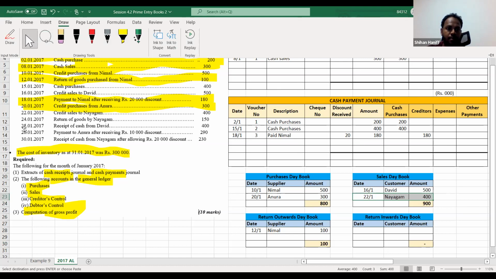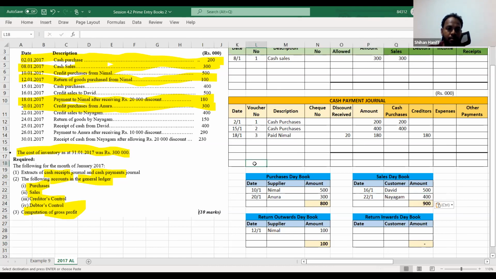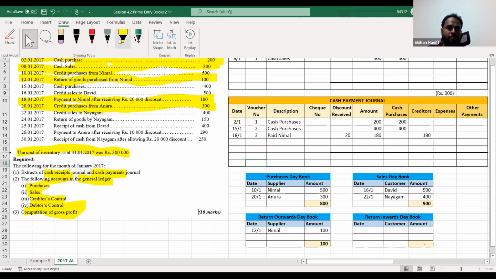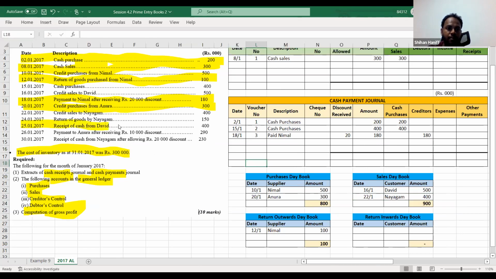Then the receipt of cash from David. We receive cash from David, 400. This goes to the cash receipt journal. 400,000 from debtors. Payment to Anura after receiving 10,000 discount.